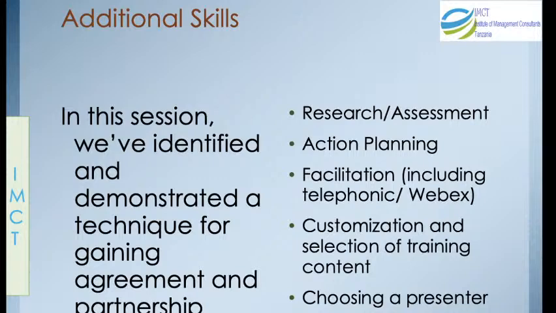Nowadays you need to use Zoom, and be apt with Google Meet, and so on. You also need customization of specific programs and selection of training content for the customer. And it is the presenter who is going to make a difference too, so you need presentation skills and the ability to make impact analysis.